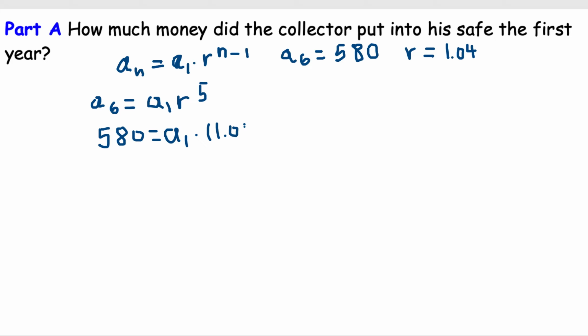And now everything I can divide by 1.04 in exponent 5.